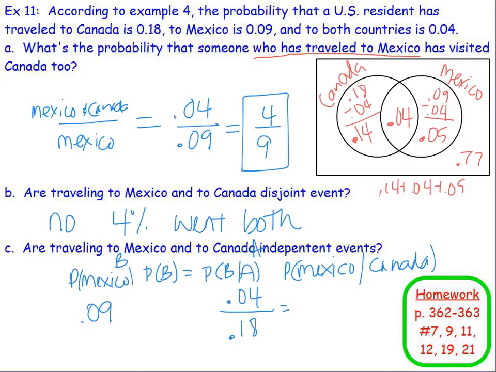And so if we divide 0.04 divided by 0.18, we get 0.22. So the big question is, are these equal? 0.09 is definitely not equal to 0.22. So Mexico and Canada are not independent.